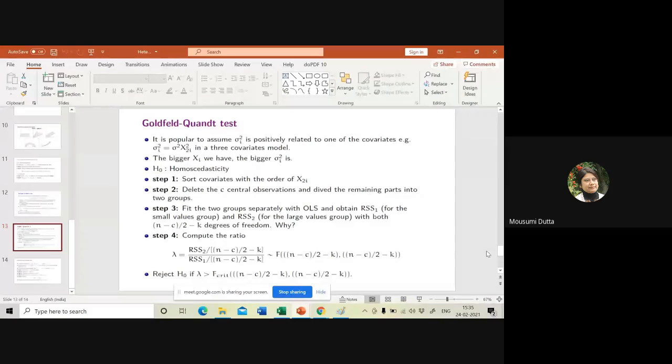Suppose it is known that sigma i square varies with the jth explanatory variable.